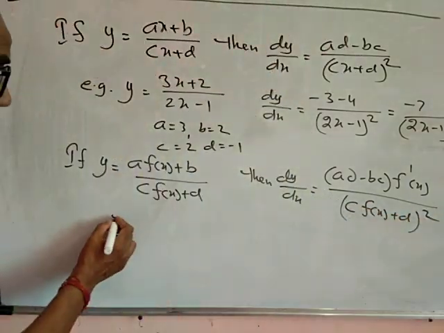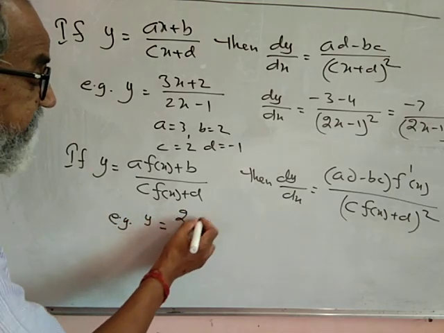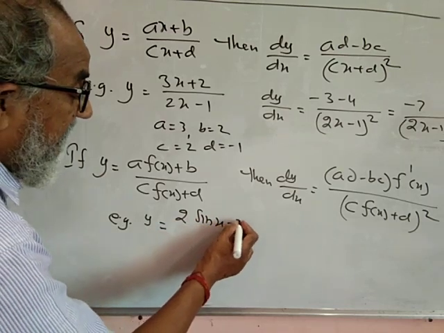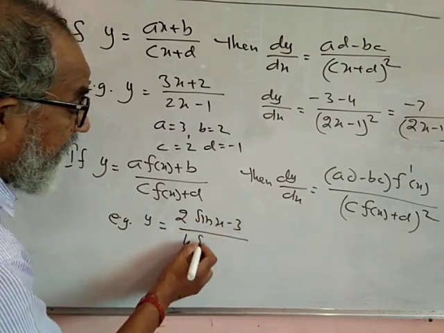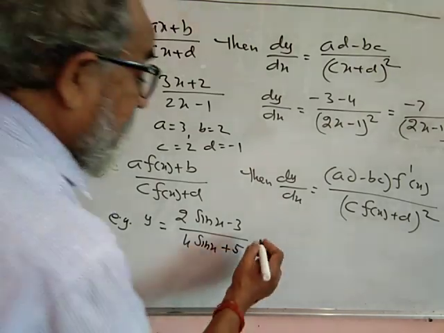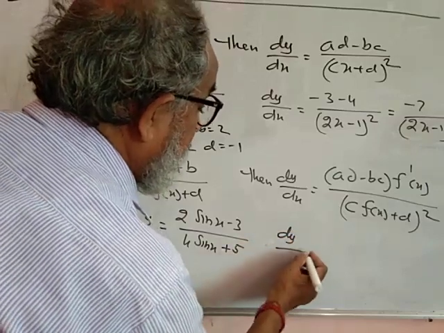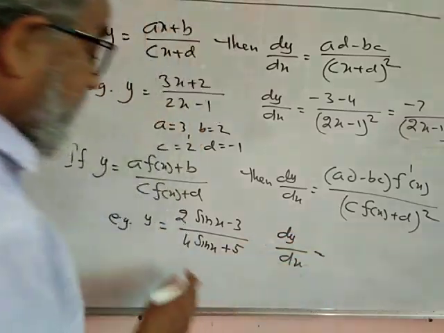For example, y is equal to (2 sin x minus 3) upon (4 sin x plus 5). So dy by dx is equal to ad minus bc.